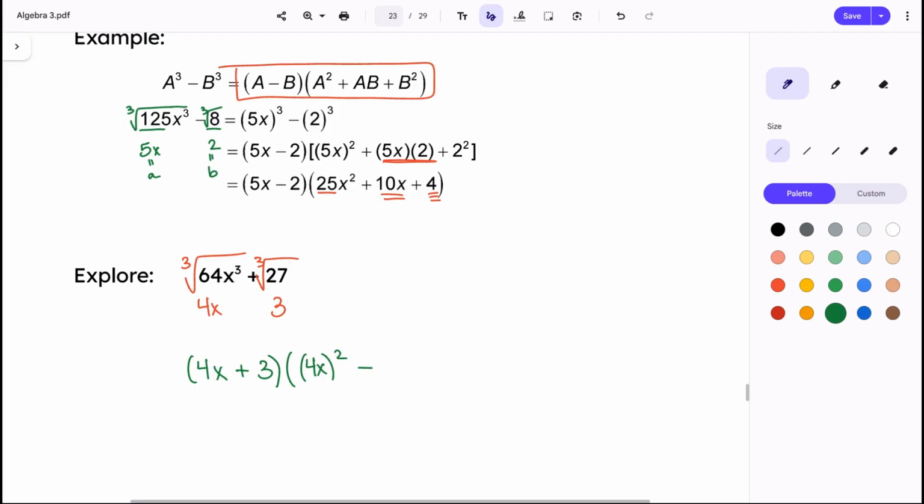There's going to be a minus sign here, and then 4x times the 3, and then you're going to square the 3. Okay, and then it should clean up to 4x plus 3, 16x squared minus 12x plus 9.